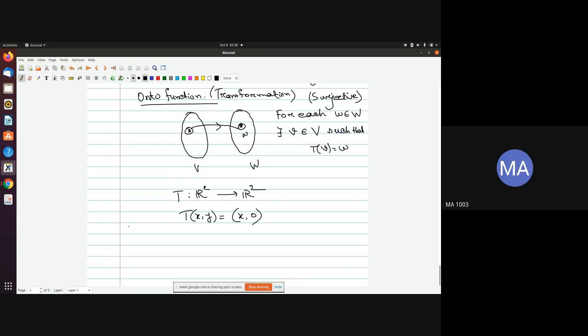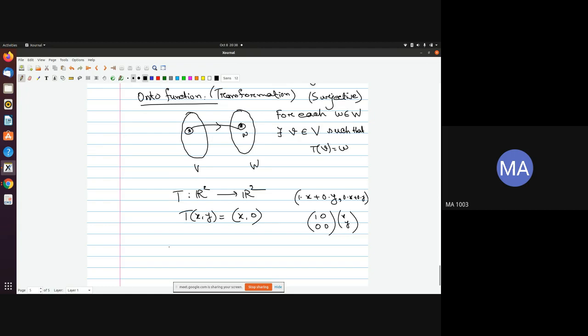You can check the two properties will be satisfied, or it's a linear combination of all this. So basically I can write 1 into x plus 0 into y, and 0 into x plus 0 into y. This I can write, right? So my matrix will be like this. This is what I am getting. So this is a linear transformation.